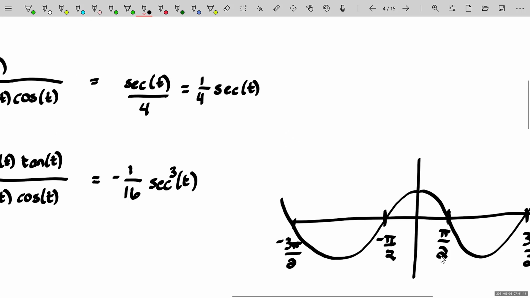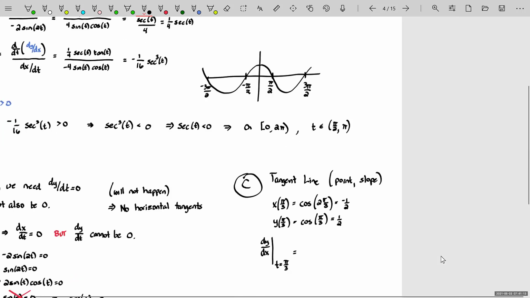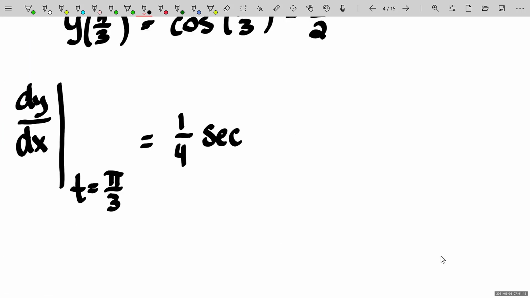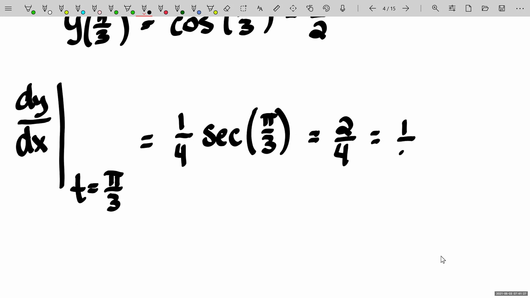So I'll plug in 1/4 secant of pi over 3. Now, the secant of pi over 3 is 2. So that's going to be 2/4 or 1/2. A lot of halves going on here.